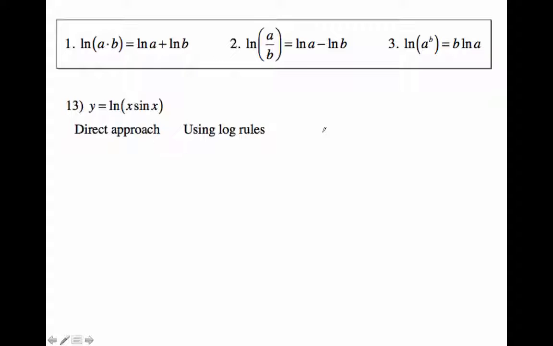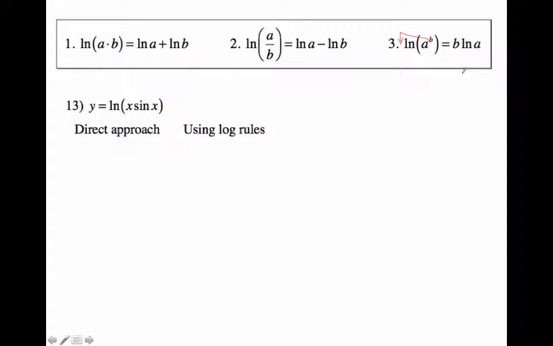And finally, my favorite, if you have a natural log of a power, you can bring the exponent out in front and make it a coefficient times the natural log of just the base, ln a here. As I said, that's going to come in handy for these next couple problems, where we're going to simplify things and make a more complicated function easier to differentiate.